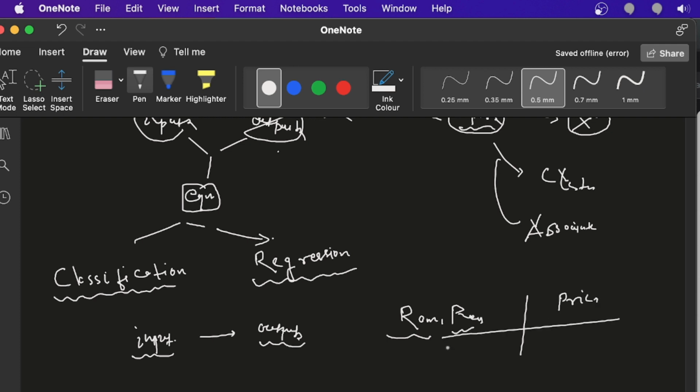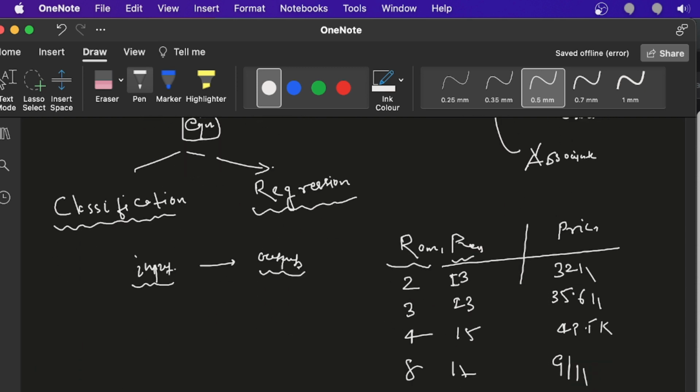Suppose RAM is 2 GB and processor is i3, your price is like 32K. RAM is 3 GB and processor is again i3, price is 6K. RAM is 4 GB and processor is i5, 43.5K. And suppose RAM is 8 GB and i7, it is like 91K.